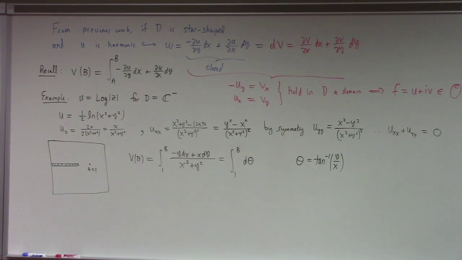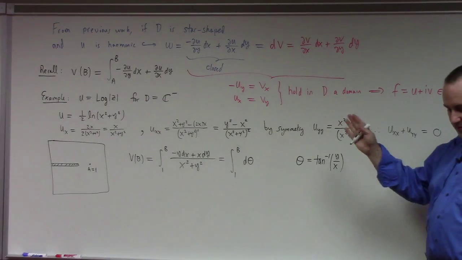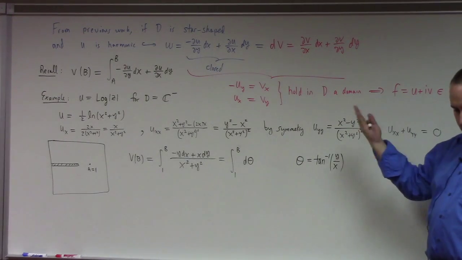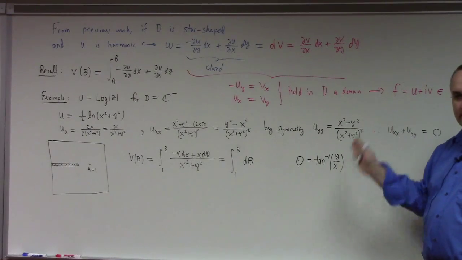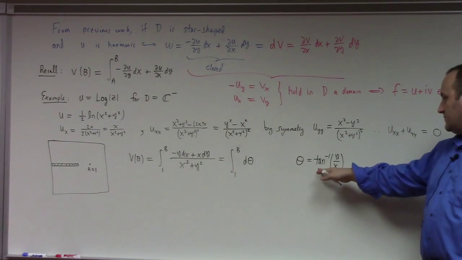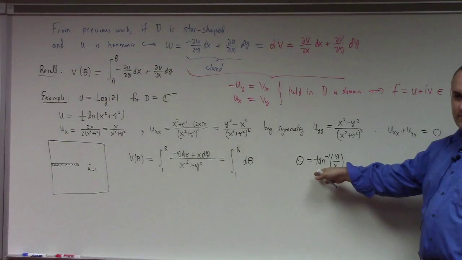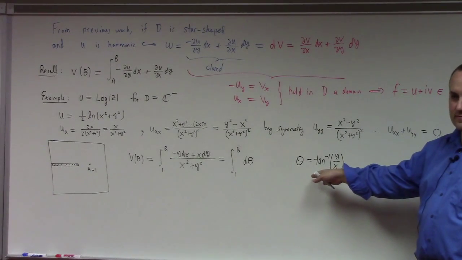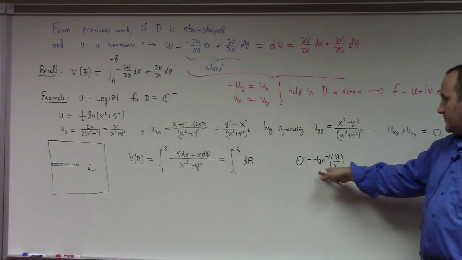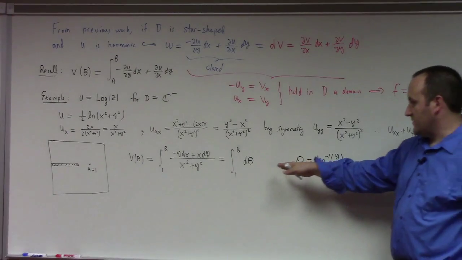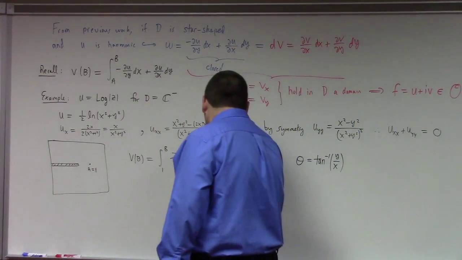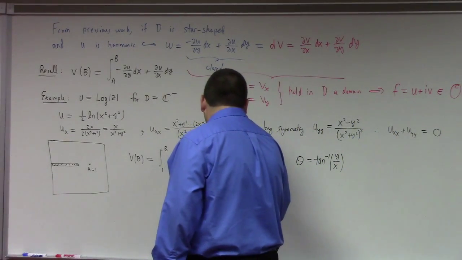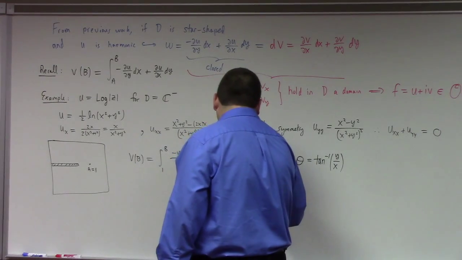So I'm now limiting myself to quadrants 1 and 4, where this makes sense between minus 90 and 90 degrees. So what is this then? This is just theta of b minus theta of 1, right?